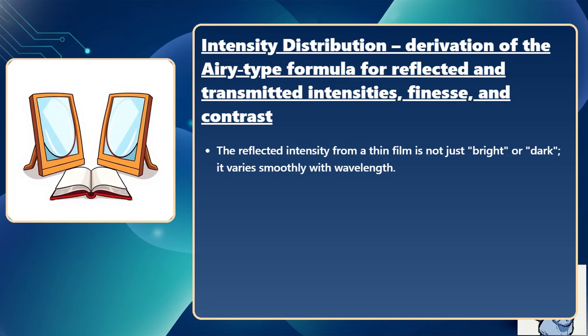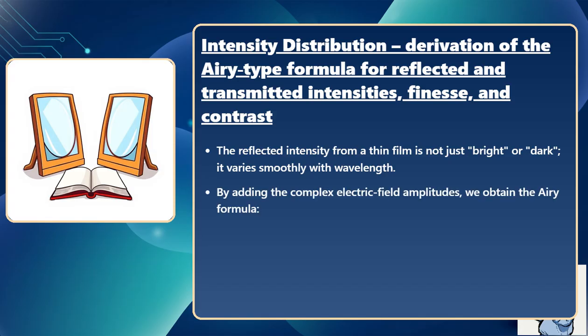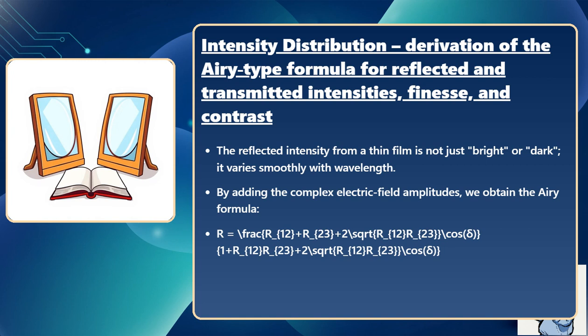The reflected intensity from a thin film is not just bright or dark, it varies smoothly with wavelength. By adding the complex electric field amplitudes, we obtain the Airy formula. R equals (R sub 12 plus R sub 23 plus 2 times the square root of R sub 12 times R sub 23 times cosine delta), divided by (1 plus R sub 12 times R sub 23 plus 2 times the square root of R sub 12 times R sub 23 times cosine delta).